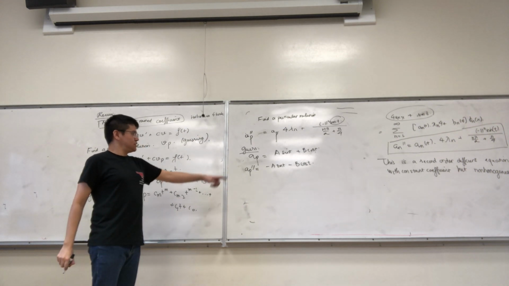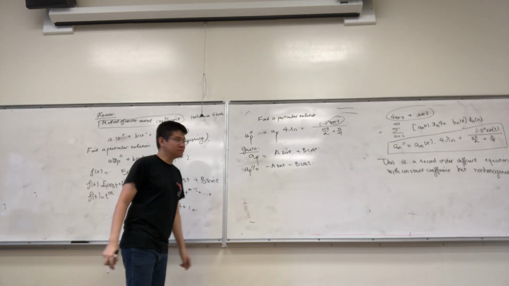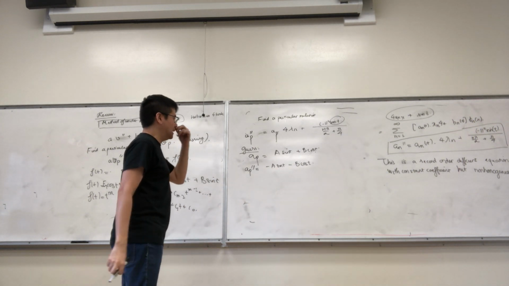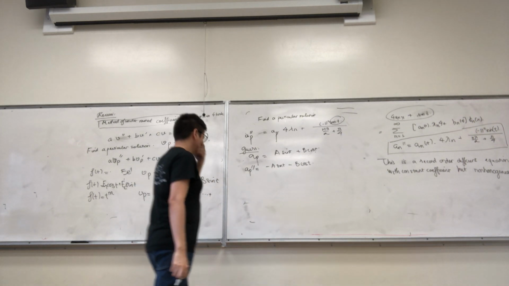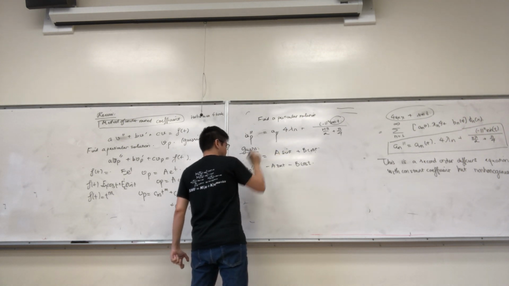So I have to identify the coefficients A and B, right? So this is the method of undetermined coefficients. I substitute this into the equation.